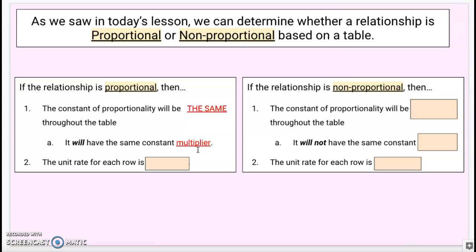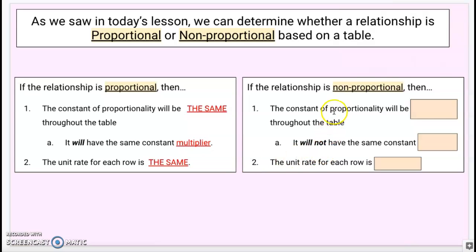Even if it gets smaller, even if it seems like we're dividing, we're actually multiplying by a fraction. And likewise, the unit rate, another word for this, for each row is the same. So if a relationship is proportional, you should see a pattern within that table. That COP will be the same.